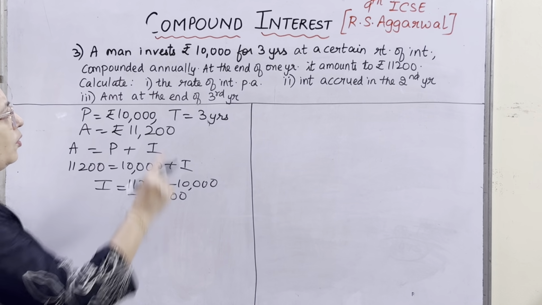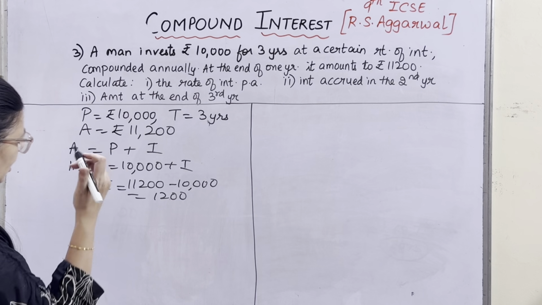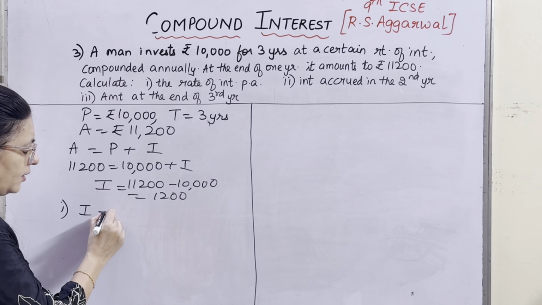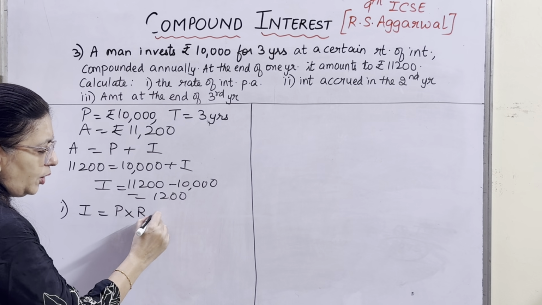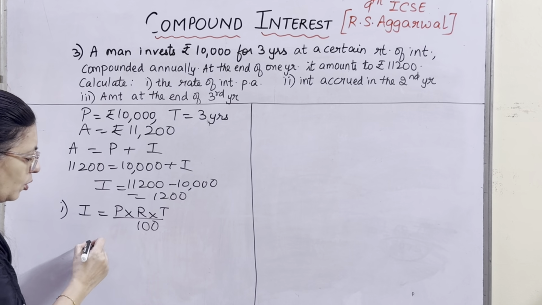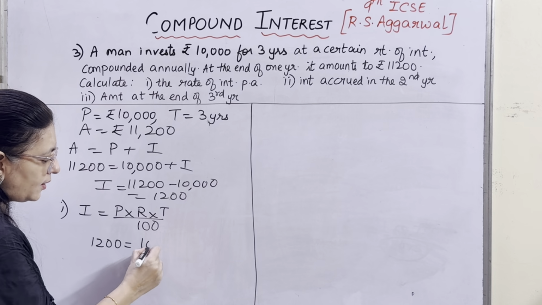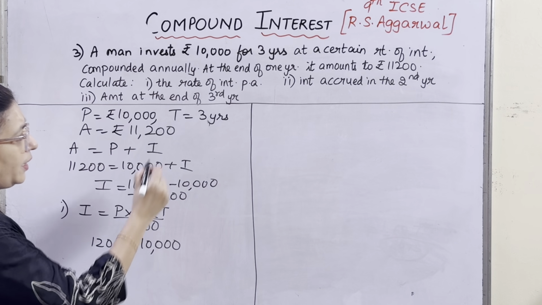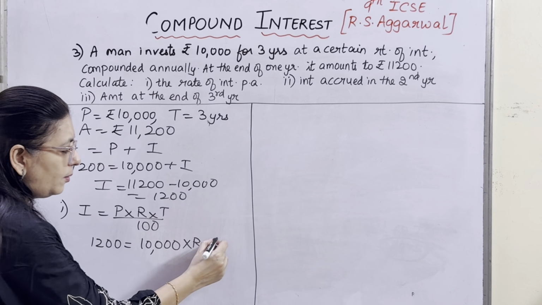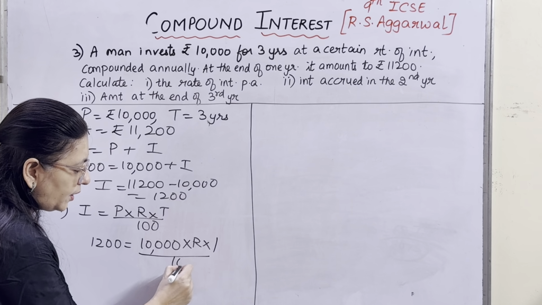Okay. Now, what are you supposed to find? You have to find the rate of interest. Just use a simple formula. What is the formula? Interest is P into R into T upon 100. Right? Interest you got as 1,200 rupees is equal to principal is 10,000, rate you need to find out and time you are going to take for 1 year, because this is the interest for 1 year, upon 100.